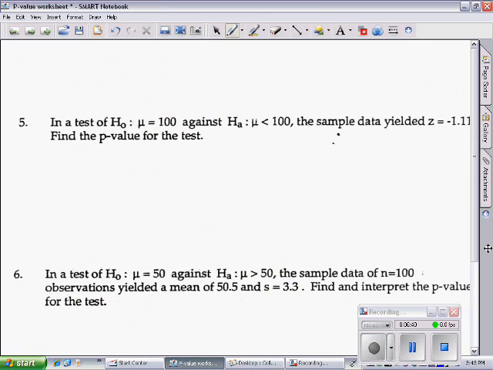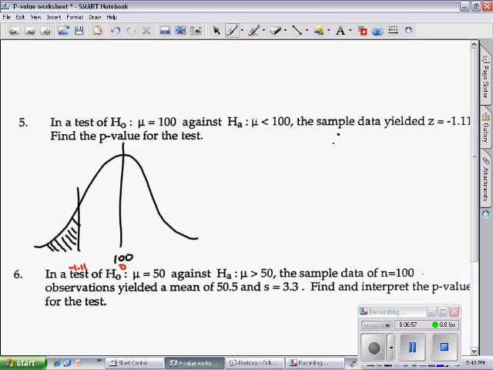Number 5, a less than case, just trying to get you used to each one of these cases. Be sure you're looking these up or using your normal CDF, because if you're not, you're just trusting me and I already know how to do it. Notice I sometimes put the X and the Z on here because the Z is a restructuring of the number line.